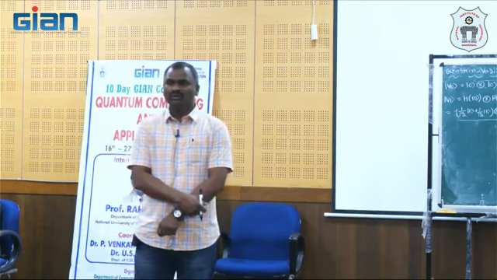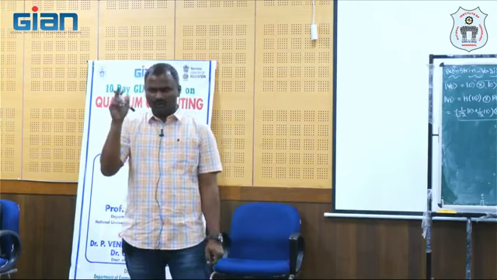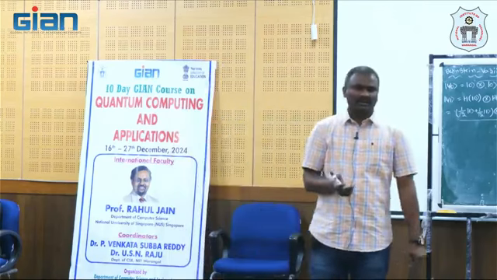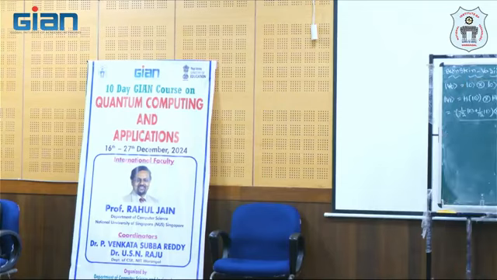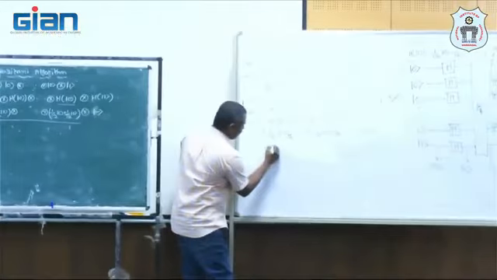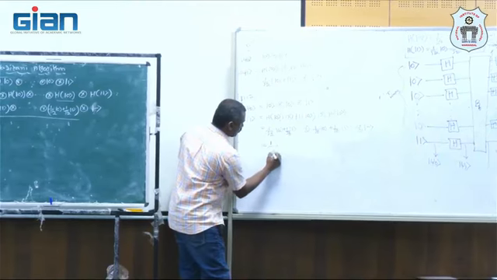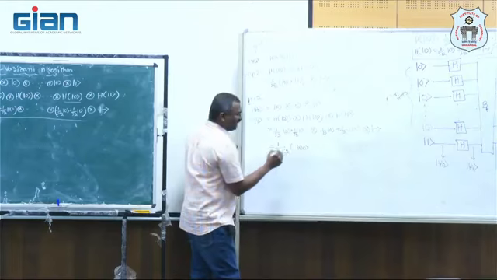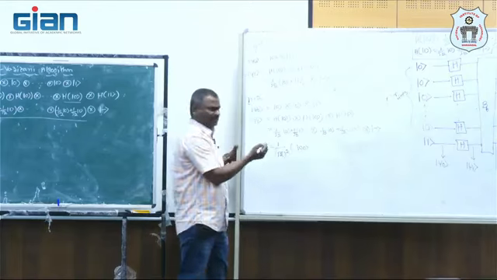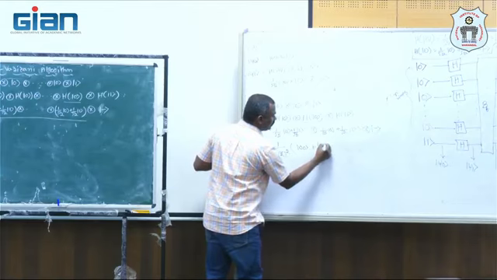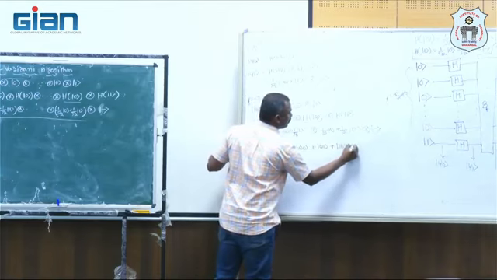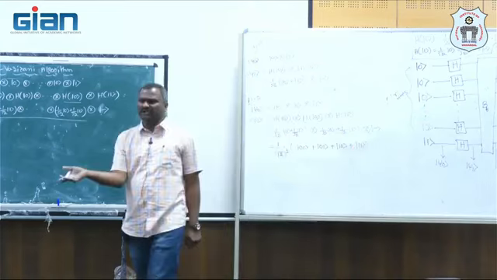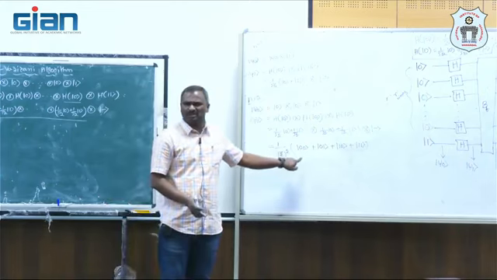1 by root 2 whole square, 1 by root 2 power 2, plus all possible terms. If we simplify 1 by root 2 whole square, what we get is all possible binary strings of length 2, corresponding kets 00, 01, 10, 11. 00 means 0 tensor with 0, which directly is written as 00.